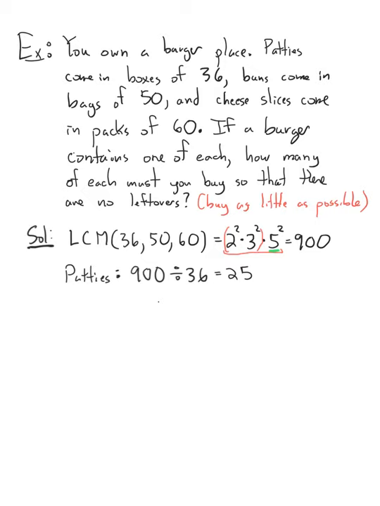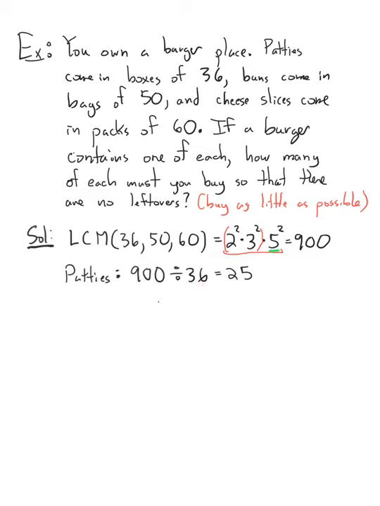So 25 36s are 900. So that's how I'm thinking of it rather than doing the long division. If you have the prime factorization of a number, well, division becomes pretty easy because you just group what you're dividing by, and what's left, that's going to be your quotient. So 900 divided by 36 is 25.